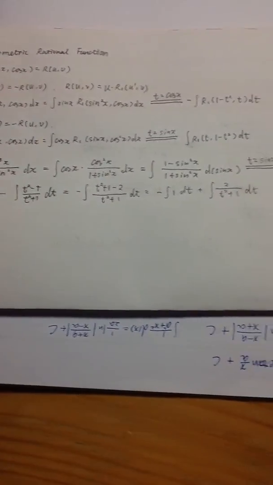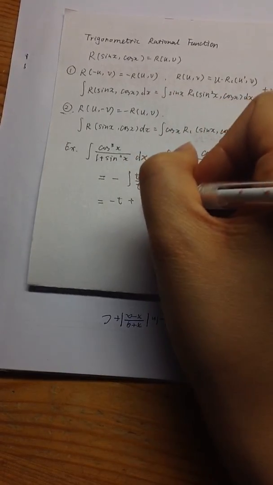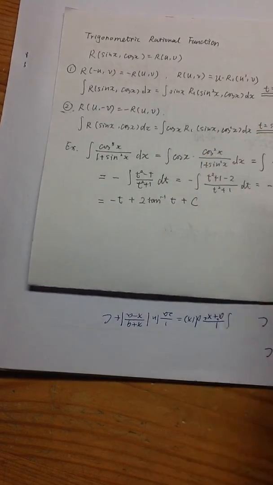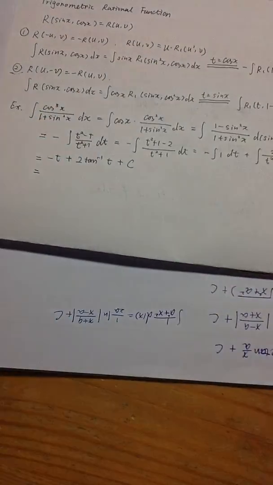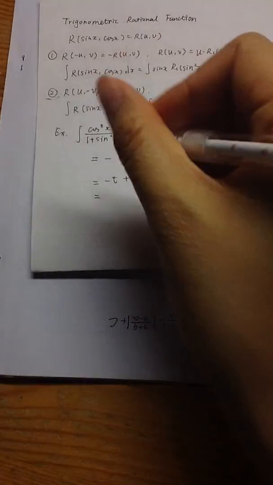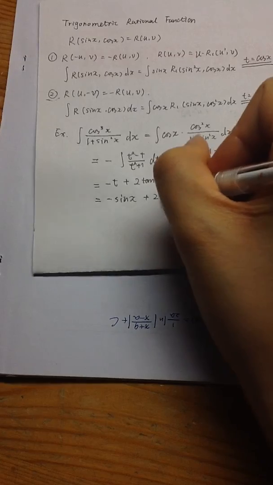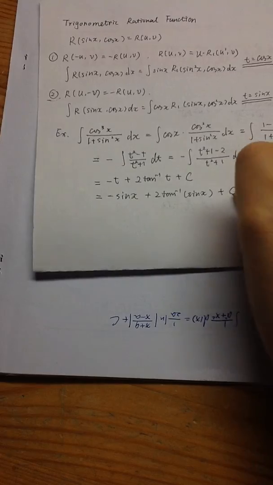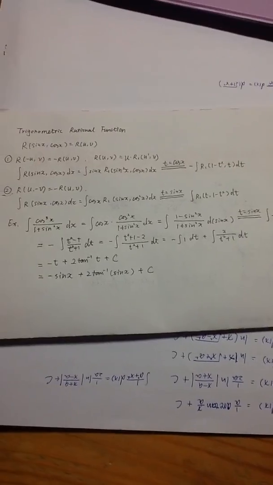And then we get negative t plus 2 arctangent t plus a constant C. And so we put our x back into the equation. We have negative sine x plus 2 arctangent of sine x plus a constant. Okay, that's all. Thank you.